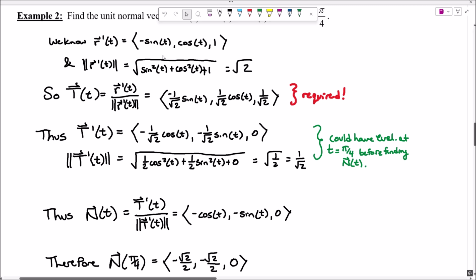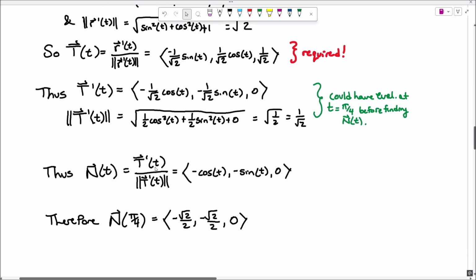Okay, so this is really important. Once I have this T prime, I actually could have just evaluated it right away. Because if I've evaluated T prime and then evaluated its length at pi over 4, I would have also ended up at this exact same spot.